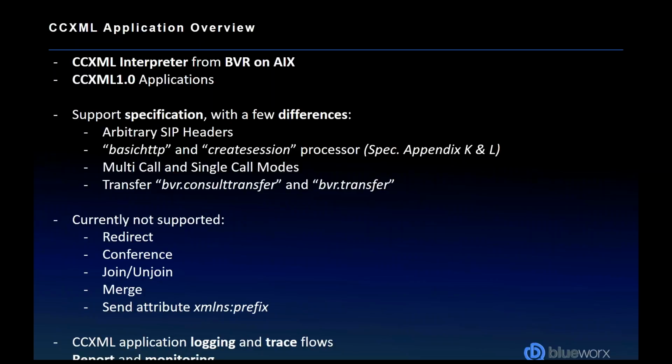Other than this, we support the basic HTTP outbound messages and create session processing. This is referenced as Appendix K and L in the CCXML 1.0 spec if you want a great deal of detail, but I'll just go over it briefly now. Basic HTTP inbound is required by the spec, but we also support the outbound HTTP messages via the send element. This basically allows CCXML documents to make an HTTP request to somewhere, for example, a monitoring server with an open HTTP server.